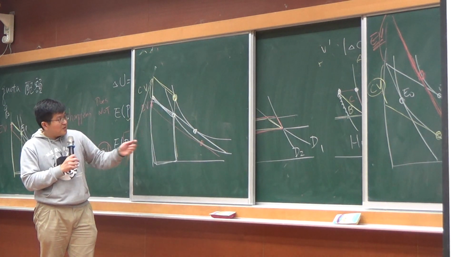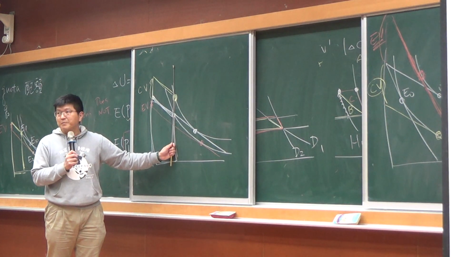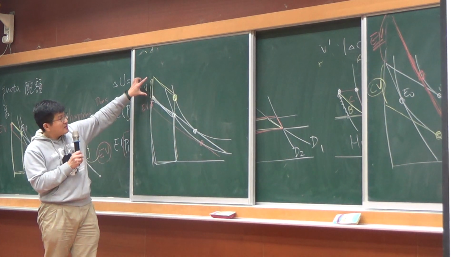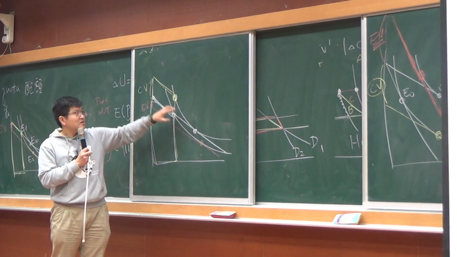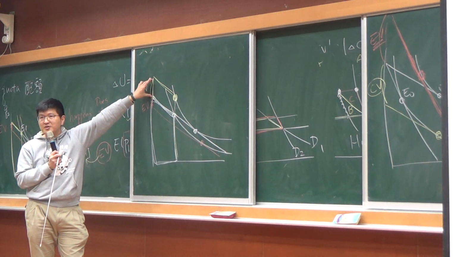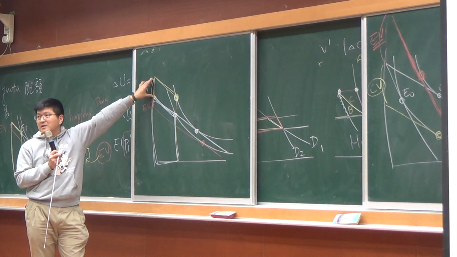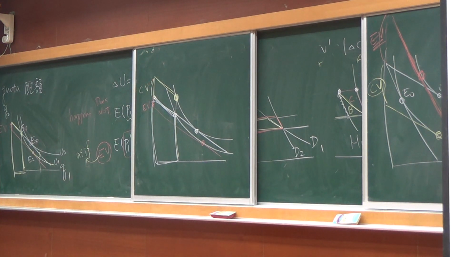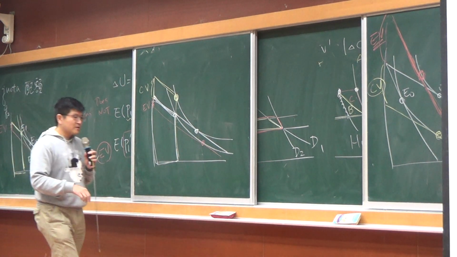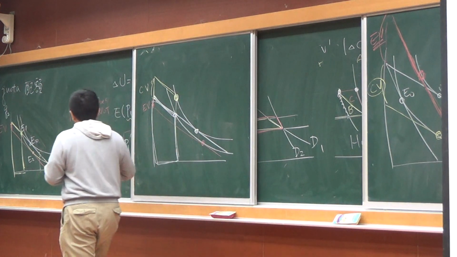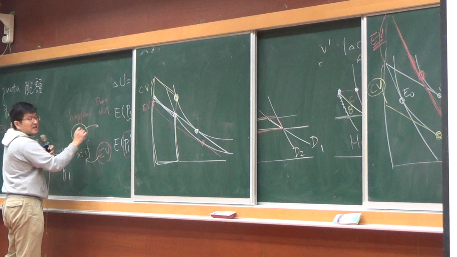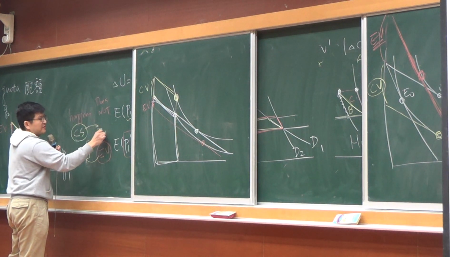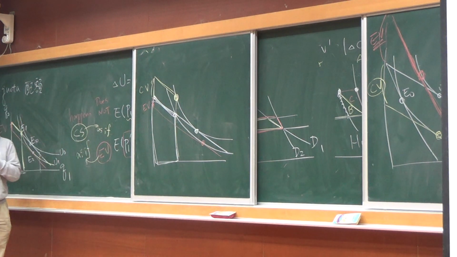So I've got to implement this policy, but I may give you some compensation so that you will feel as good as before. Right? So this would be compensating variation. Understand the story? So CV is actually the policy happens, but I will compensate you as if it does not happen.